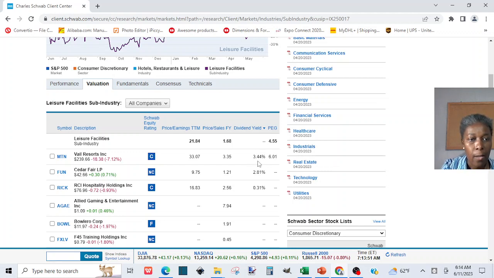And we have Vail Resort Inc., current price $239.66, symbol MTN, dividend yield 3.44%, annual dividend rate.